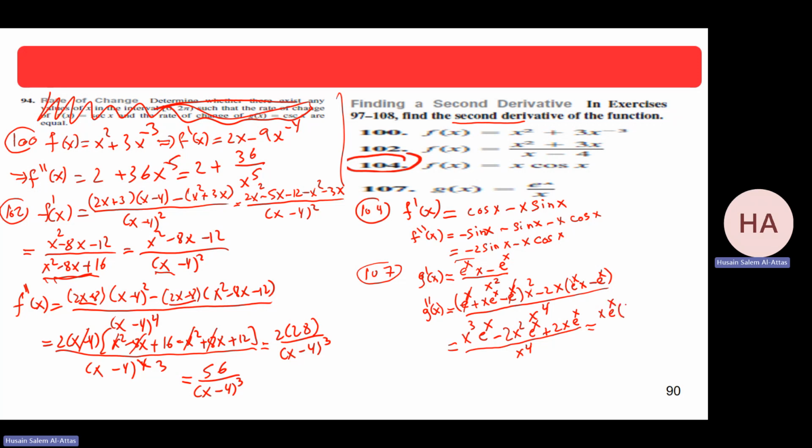The remaining is x squared minus 2x plus 2, all over x to the power 4. This is cancelled. I have 3. So I have e to the power x over x cubed times x squared minus 2x plus 2. Okay.